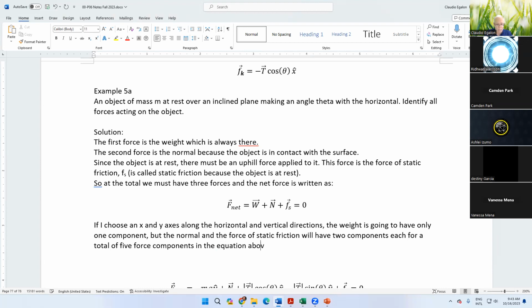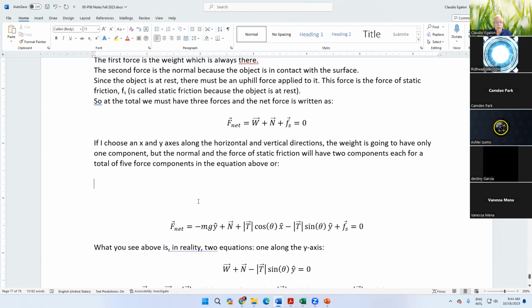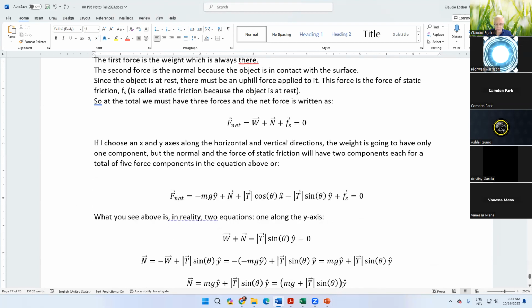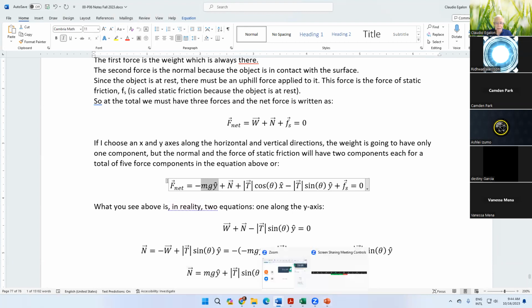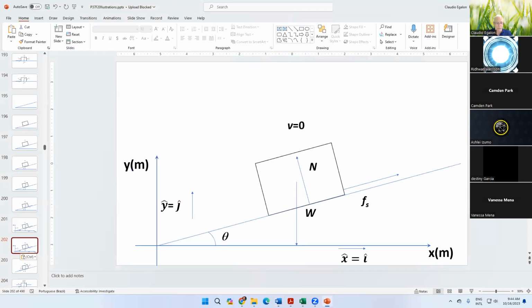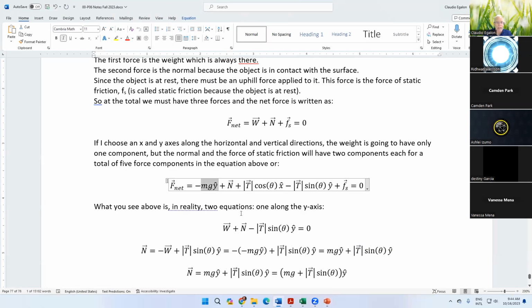I'm going to have something like that. Here you go, net force. Here you go, one component, right? Let's take a look at the drawing here. The x component of the normal force is going to be in the negative direction. So I'm going to write N sub x, okay?